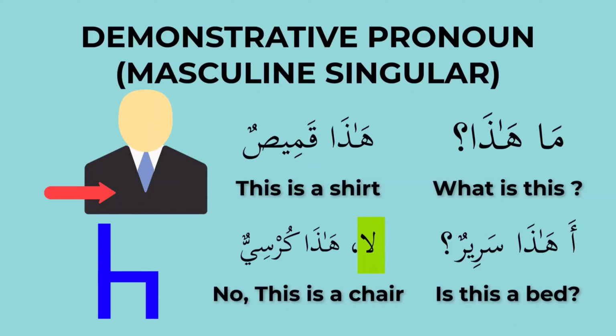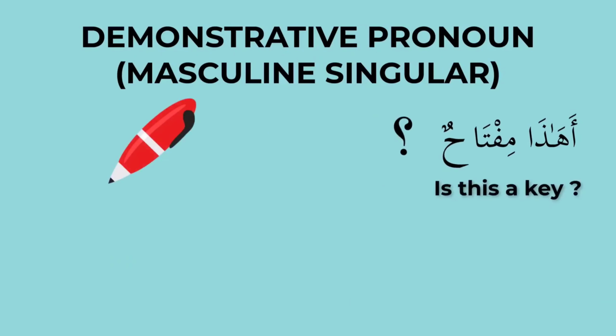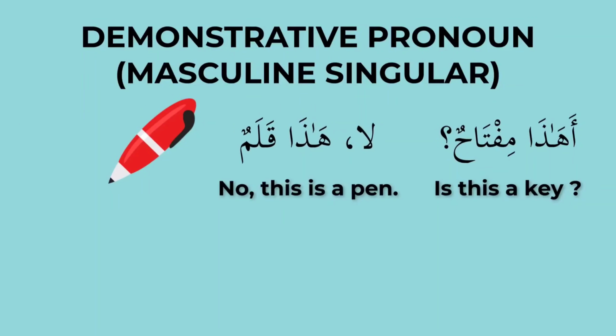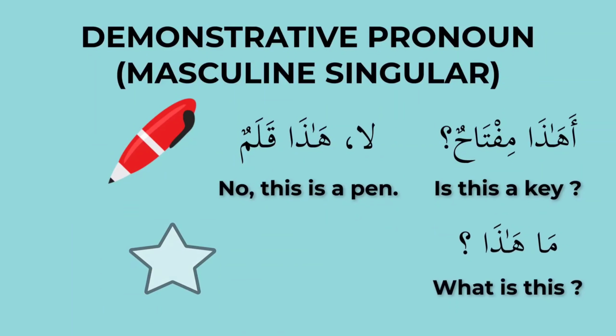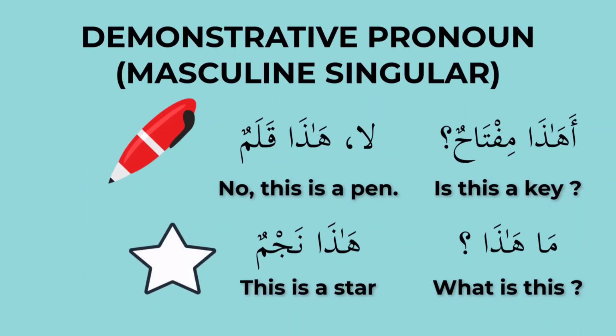It's a particle, harfu jawab, particle of answering. Hadha miftahun? La. Hadha qalamun. Ma hadha? Hadha najmun. The pictures are there, so it's easy, but I hope you will put a little time into memorizing the vocabs. Inshallah, it will help you.